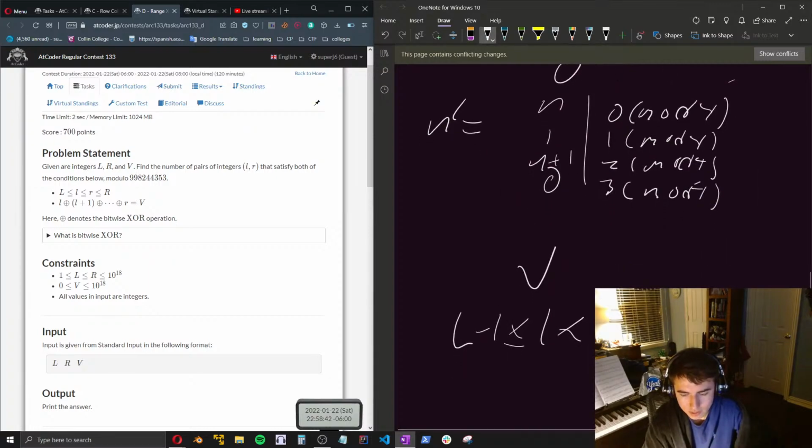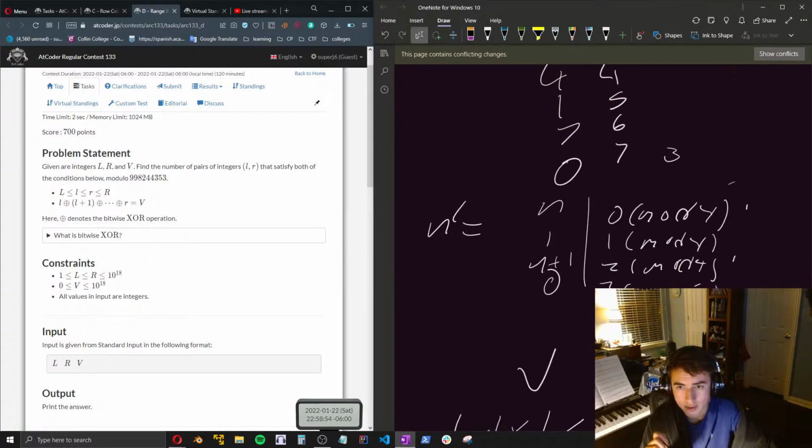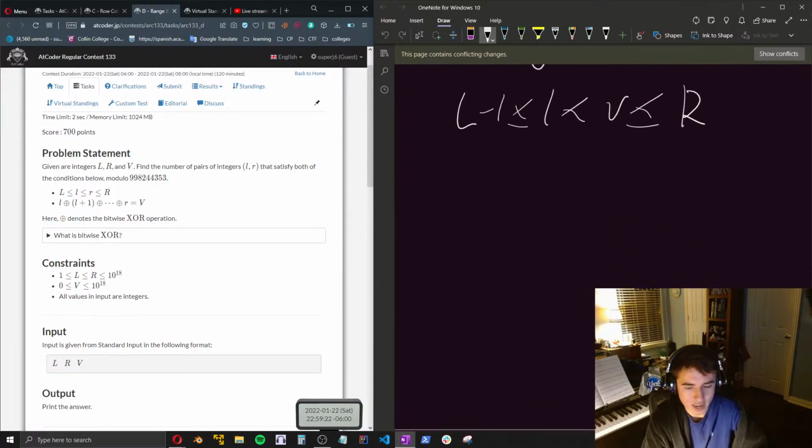And now the top bits for 0 and 2 can be whatever you want. So you have a few different problems. Do 2 constants XOR together equal V? Or how many numbers XOR a constant equals V? Well, there's only one unique number, right? So the only real problem is for either 2 n's or for n XOR n plus 1, how many pairs are there that equal V within the range, right?